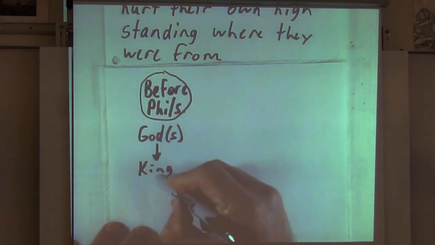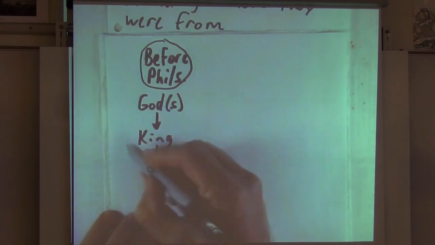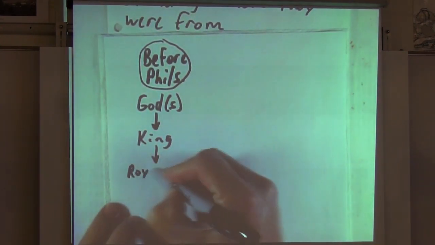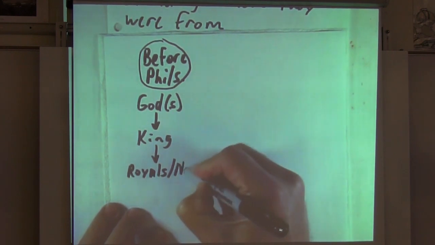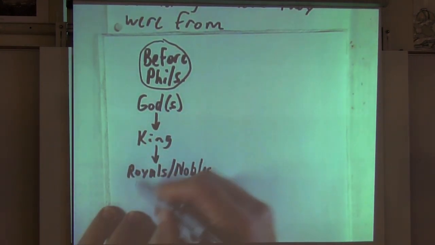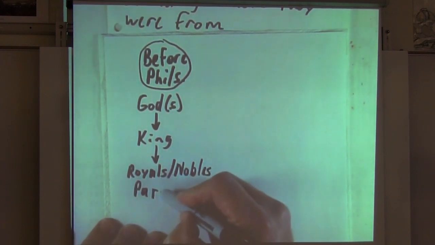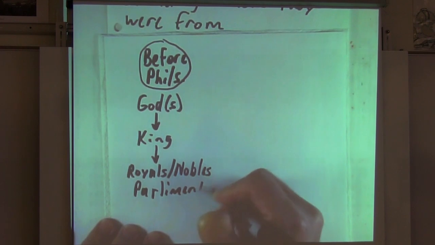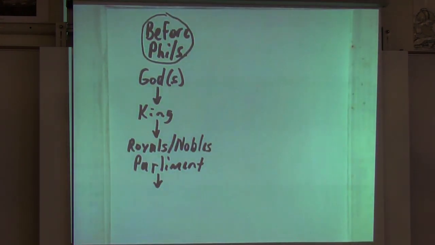And then who came next? Well, our discussion of oligarchies, and trust me, we're going to get back into that. You have all the people of the royal family. You have the nobles, that's the wealthy people, the landowners. And eventually, even when they started to have some representative government, people in the parliament. Okay? And then who does that leave all the way at the bottom? What does history tell us?